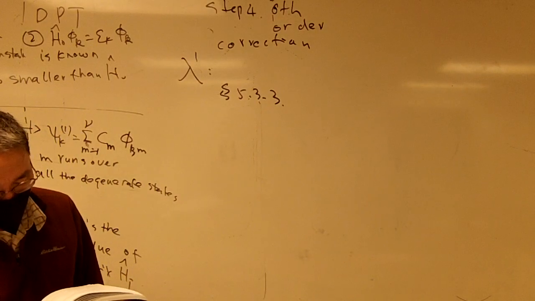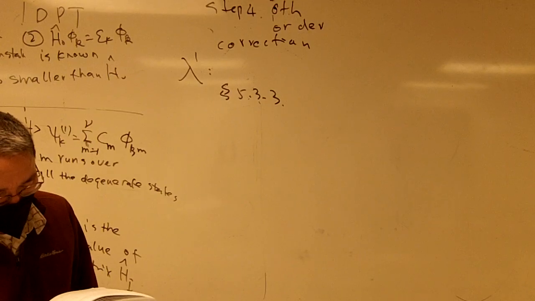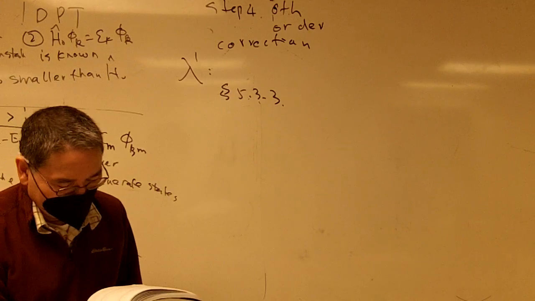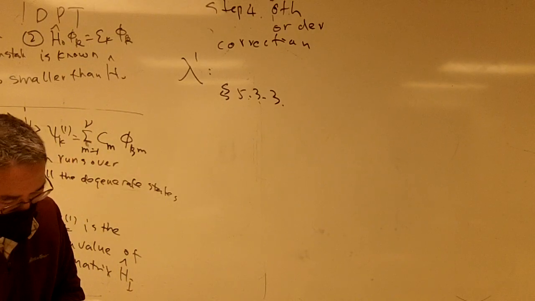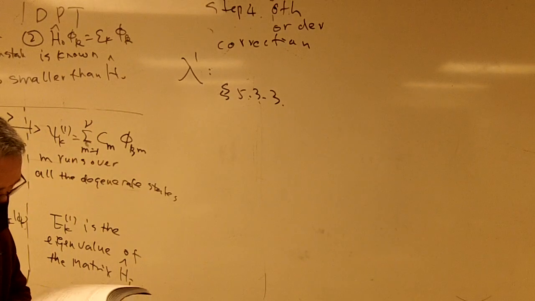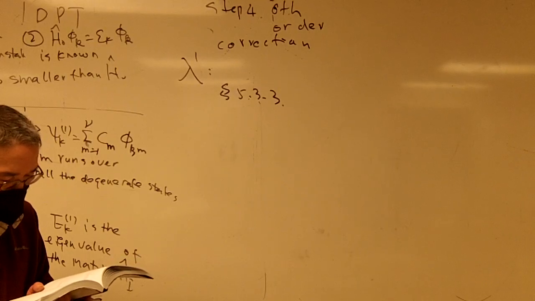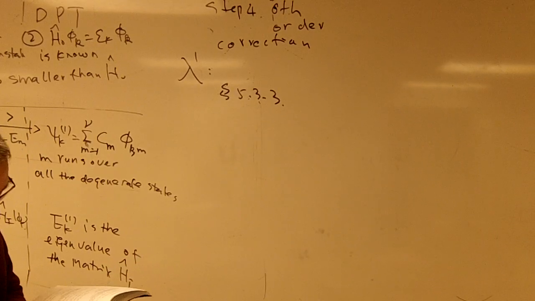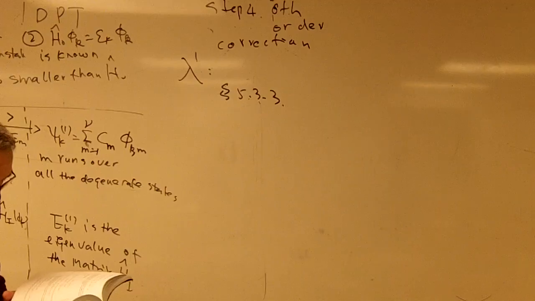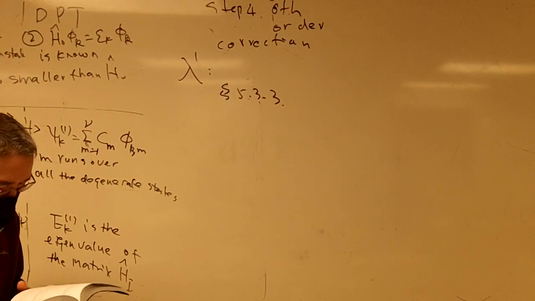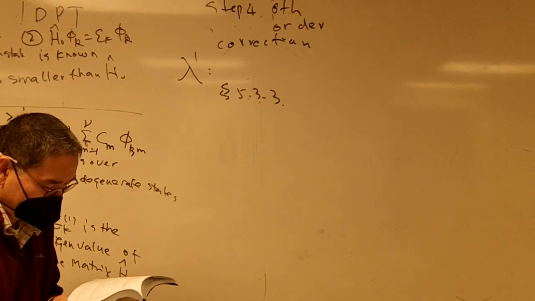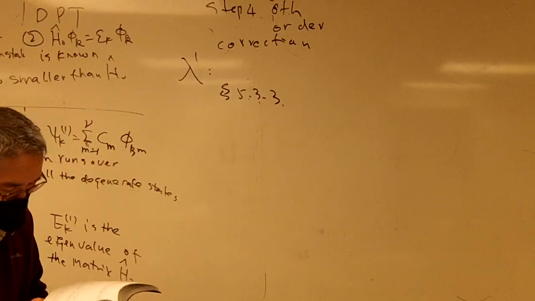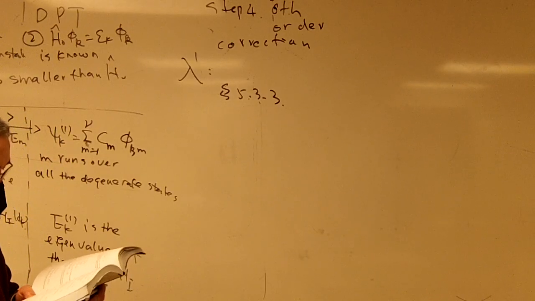This gives epsilon k c sub k equals E sub k to the zeroth order c sub k, where we have used the orthogonality, bra phi sub k ket phi sub i equals delta i k. This proves that the zeroth order energy E sub k to the zeroth order is just epsilon k. The c sub k to the zeroth order can take any values, so the zeroth order wave function is the same as the unperturbed function.